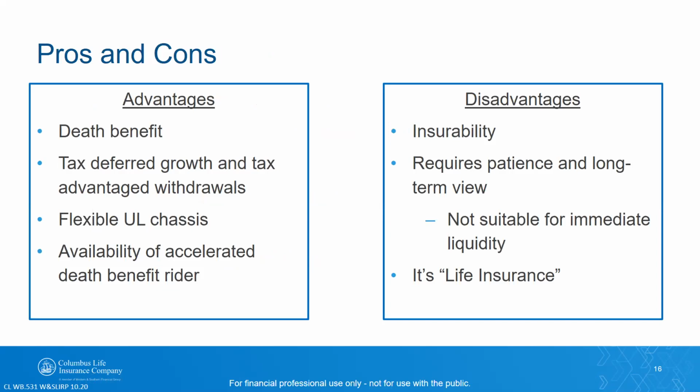As far as the pros and cons, or the advantages or disadvantages of using life insurance as supplemental retirement, the advantages are the obvious: the death benefit, tax deferred growth and tax advantaged withdrawals and/or loans, and the flexibility of the UL chassis in general, just the fact that you can go from option 2 to option 1, you can increase and decrease face amounts, which might be subject to underwriting.